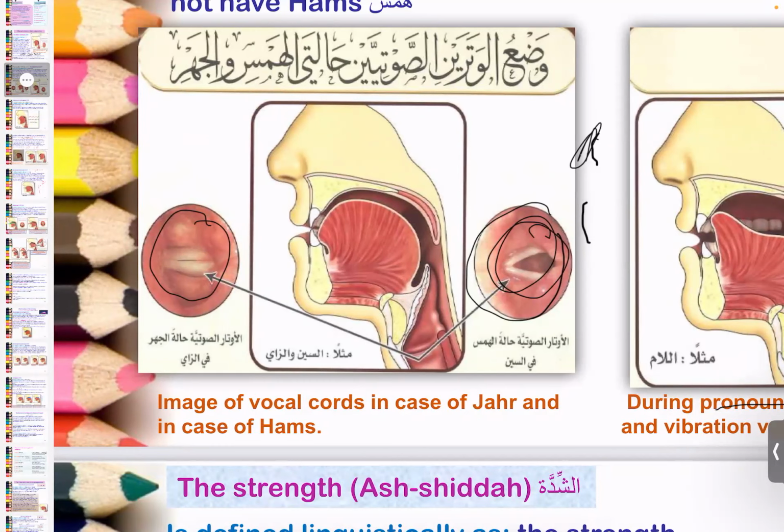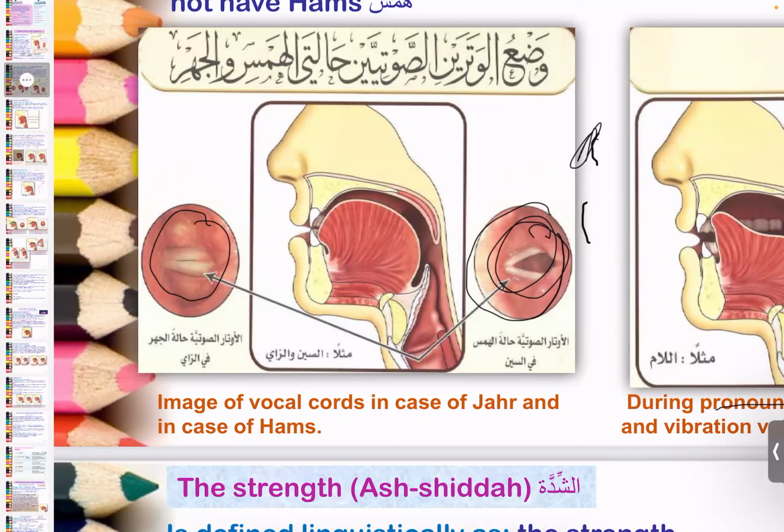Where does the letter Seen come from? It comes from the tip of the tongue, close to the plates of the lower incisors. Here the tongue is actually not touching. If you remember, I said the tongue is close to the plates, but it's not making contact there. So there is not much reliance on the makhraj, not much contact.